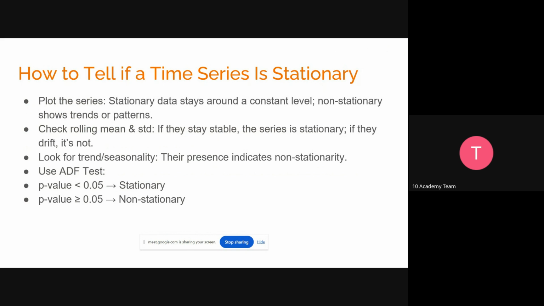Look for trend and seasonality; their presence indicates non-stationary. If it goes up in one season and down in another, that's not stationary data. Also, there is a test called the ADF test. If the p-value is less than 0.05, it's stationary. If the p-value is greater than 0.05, it's non-stationary. We're going to see that in the demo so you can understand more.